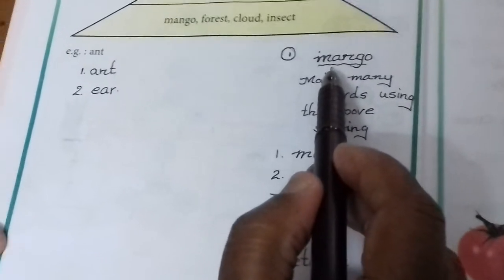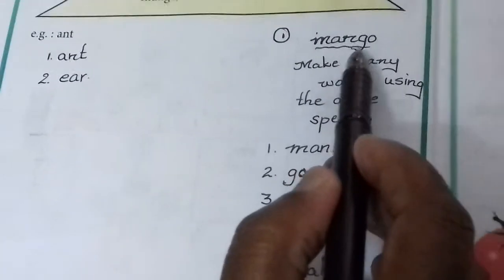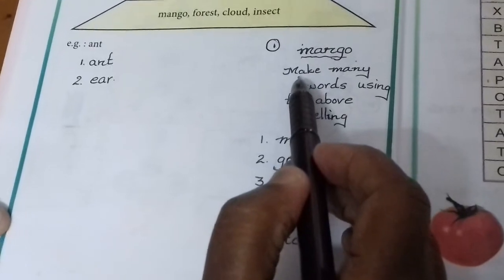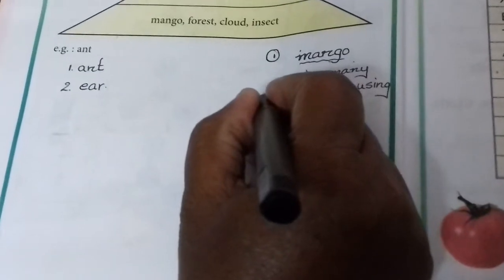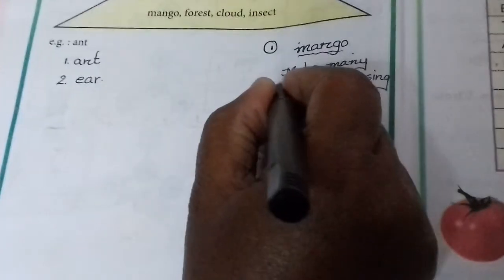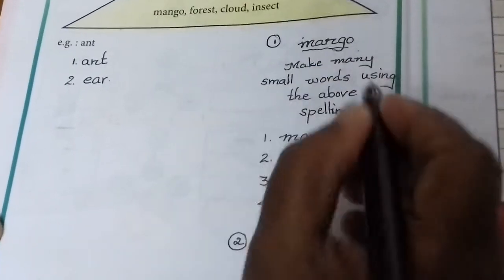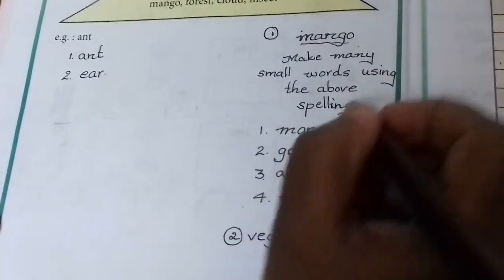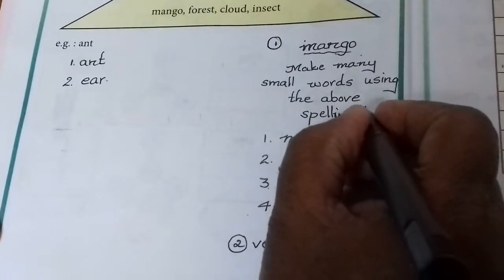Now, one more. I'm going to continue with the next one. I've just taken this word mango. Can you see? M-A-N-G-O, mango. And I've asked you to do something. It says, make many small words using the above spelling or above big word. Okay, children?